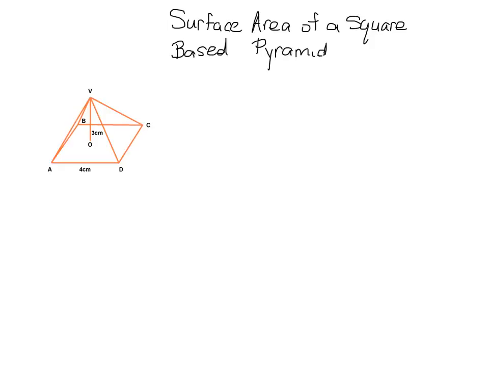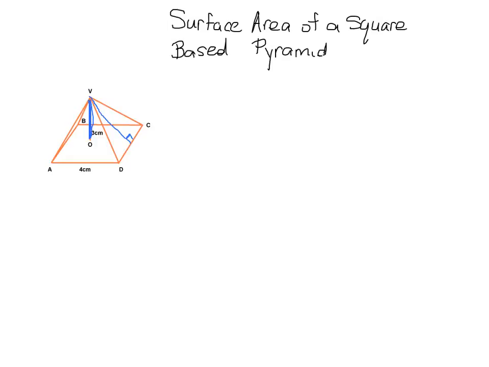So the height of each triangle, let's look at the triangle on the right side, would be that line. That's the line that we're looking for, the height of that triangle. So in order to find that, we have to create an imaginary triangle inside our figure. As you can see, we know the height of the entire pyramid.